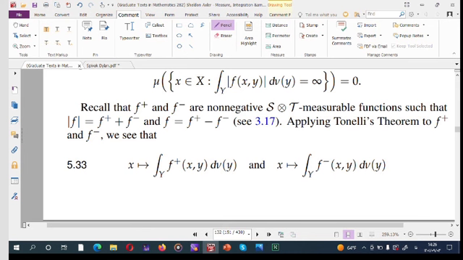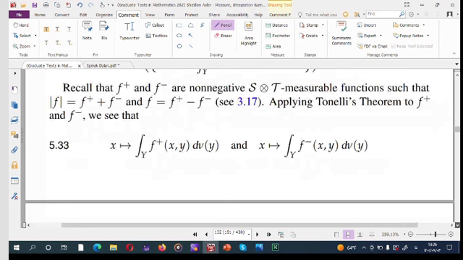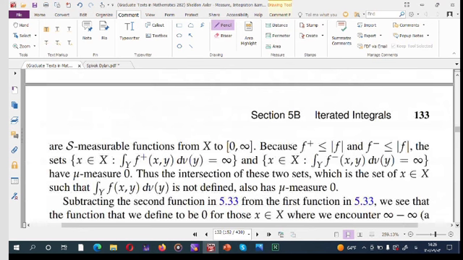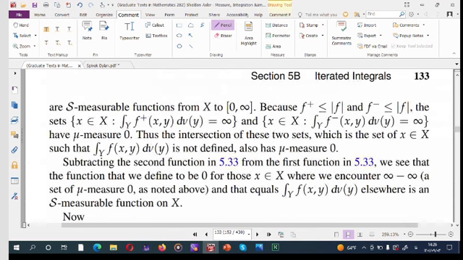Now applying Tonelli's theorem to f plus and f minus, because these two are non-negative, we can apply Tonelli's theorem as measurable functions from X to [0, infinity], because f plus is less than or equal to the absolute value of f, and f minus also.